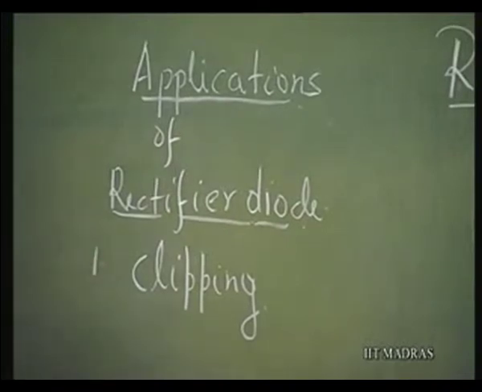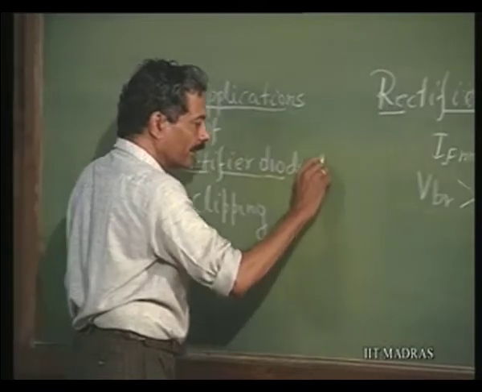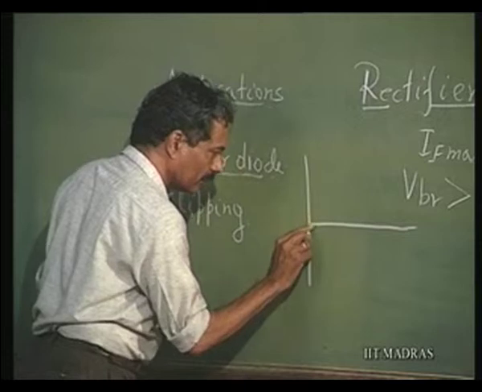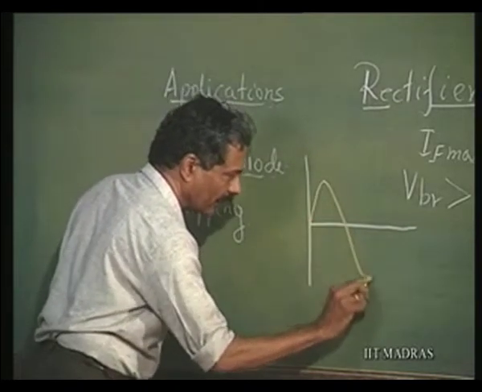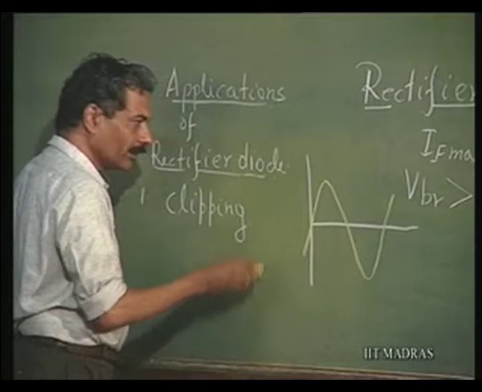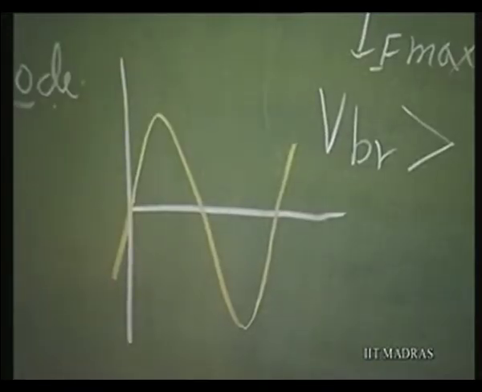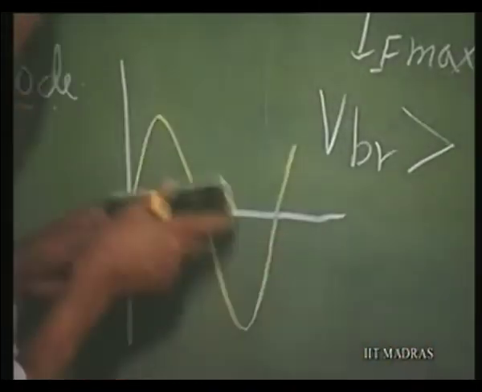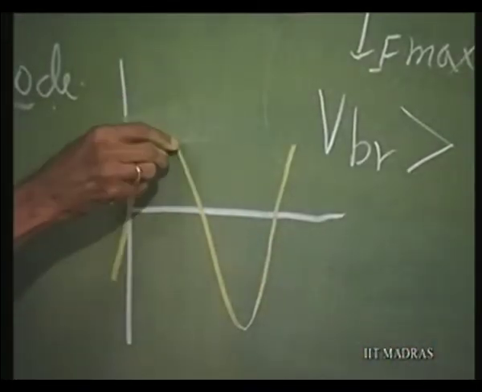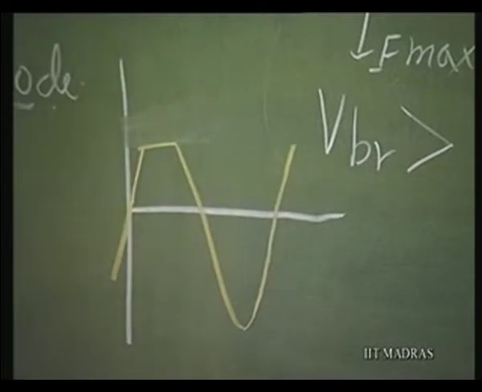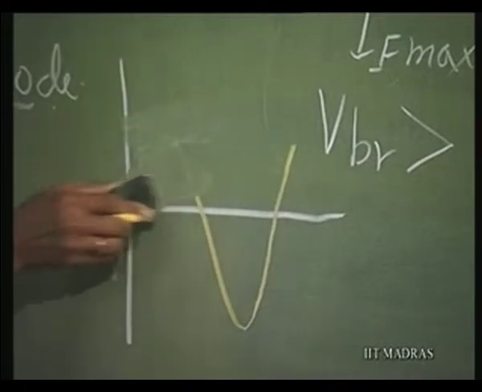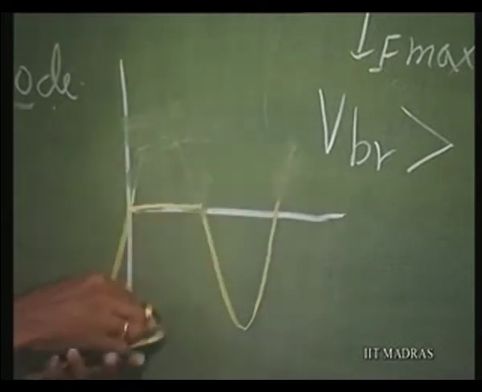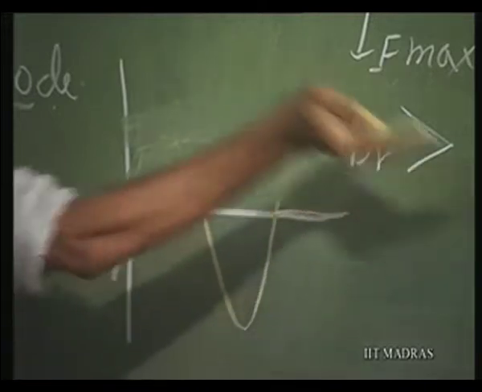That means you want to chop off the waveform. Let us say a given waveform is like this. Let us say this is a sine wave. I want to chop off a certain portion of the waveform, clip. So, clipping is one of the important functions of the diode. Chop off this or chop off the entire waveform, like this.